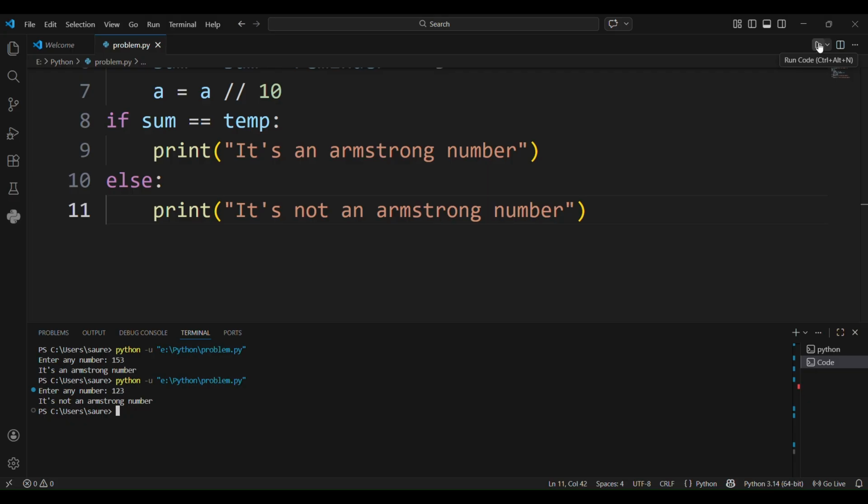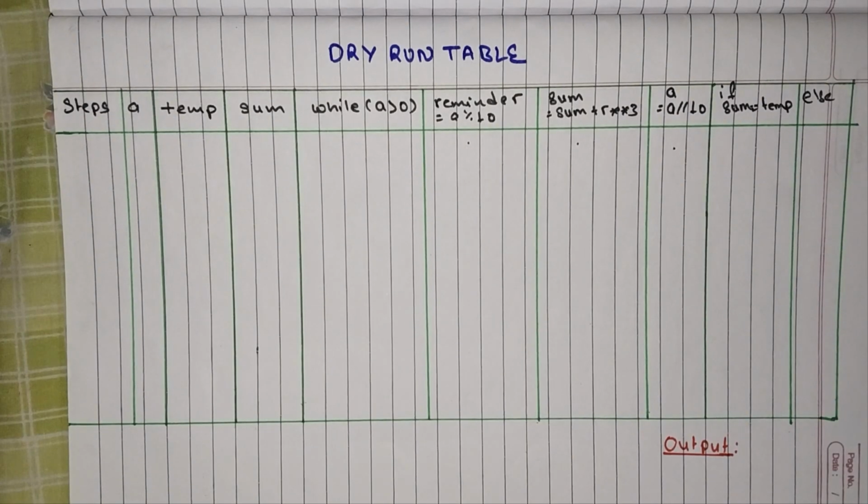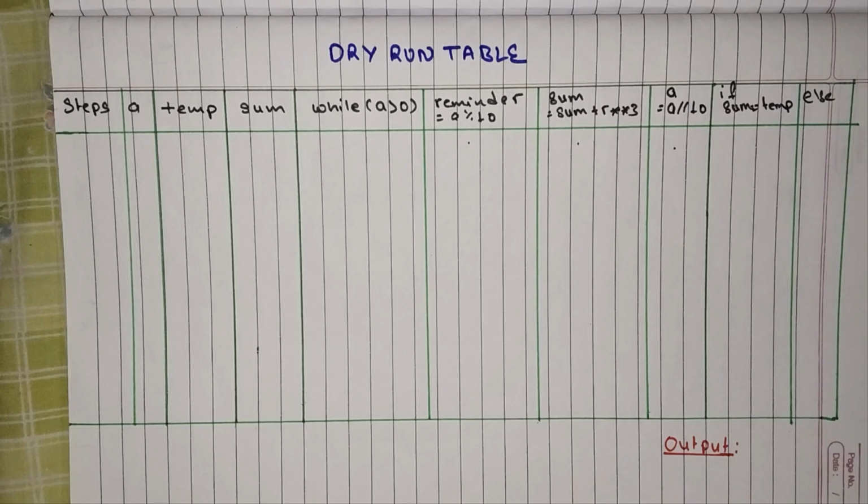Now we'll also dry run it on my screen. As you can see the dry run table, I prefer writing in a copy because it is much easier while you are writing with your hand, and I can clearly write using a pen in this copy.